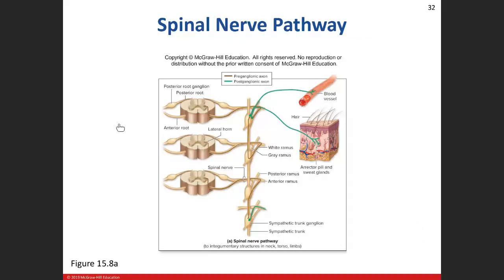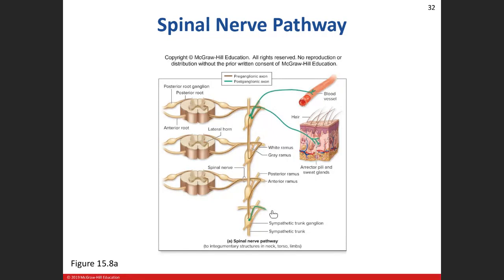So now, our third option is, same story, preganglionic neuron exits the spinal cord, enters into the white ramus, and now in this case, it's going to go down a level, or 2 levels, or 3 levels, or whatever. But when it gets to that desired level, it will synapse, and once it synapses, that postganglionic neuron has to exit that same level and leave, and that's it. You guys follow me on that one?